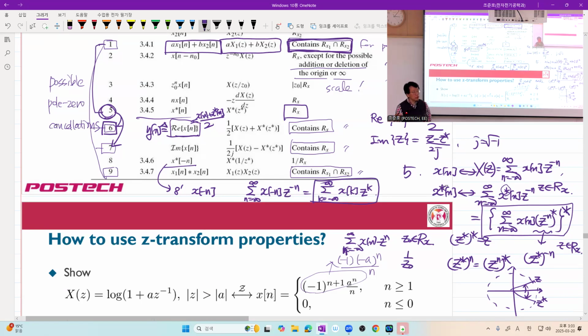If Z0 is non-zero, then this converges on 1 over Z0. That's why you have something like this without this conjugation. And now you know that putting conjugation does not change the region of convergence. That's why you have this result. Got it? Anyway, so 8 is simple.